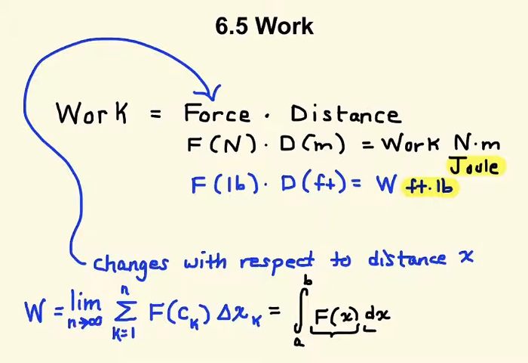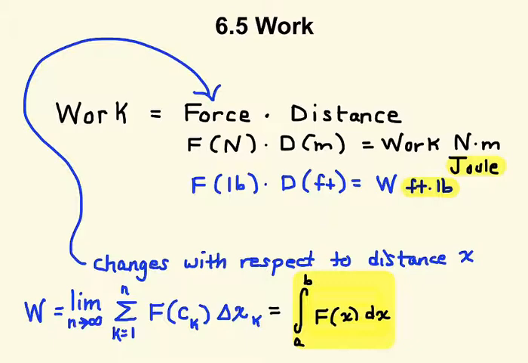And the second bit, delta x, is how much we've moved our object with that particular force. So this is the formula for finding the work done on an object when the force is changing with respect to the distance that we have pushed the object.